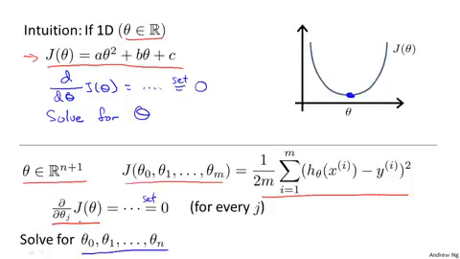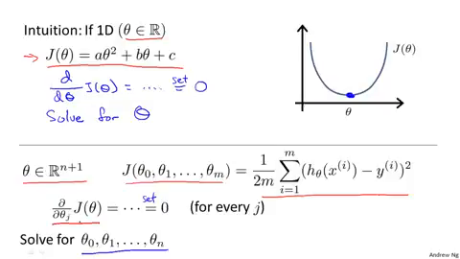Well, if you actually work through the calculus and work through the solution to the parameters theta 0 through theta n, the derivation ends up being somewhat involved. And what I'm going to do in this video is not go through the derivation, which is kind of long and kind of involved.